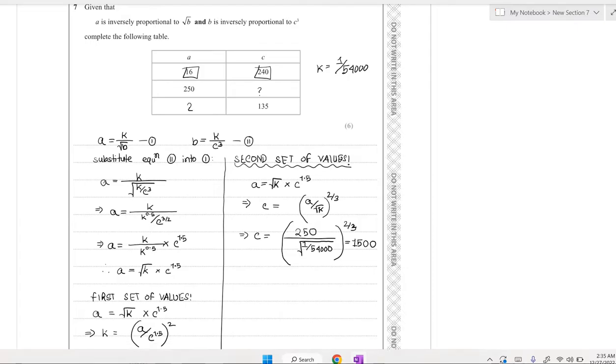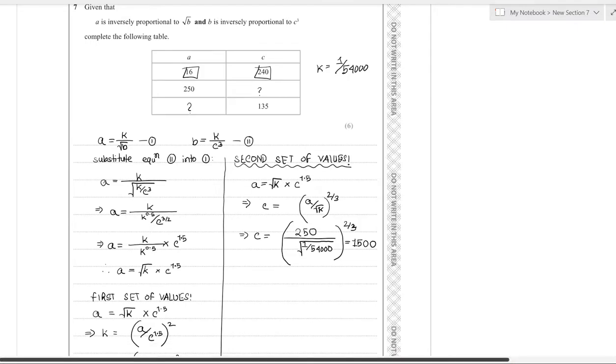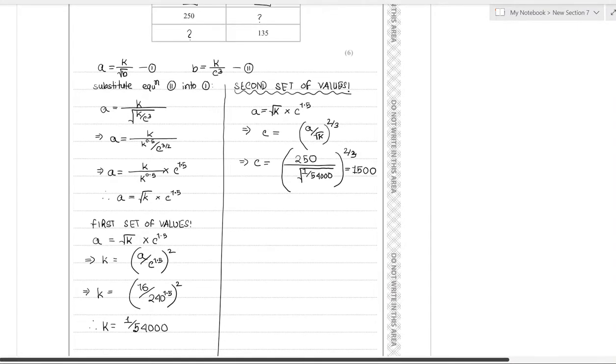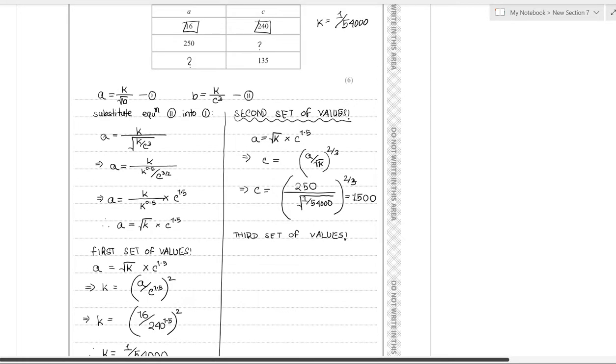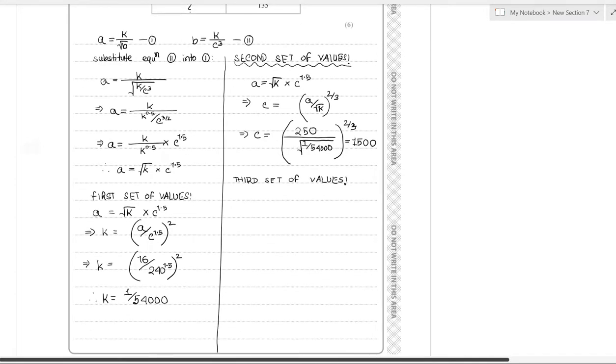In the third set of values, the value for a is missing. For the third set of values, the value for c is 135, and the value for k is going to be the same, 1 over 54,000.